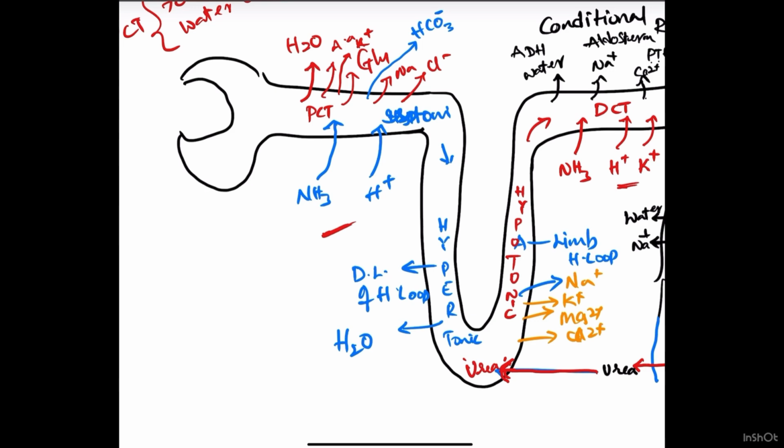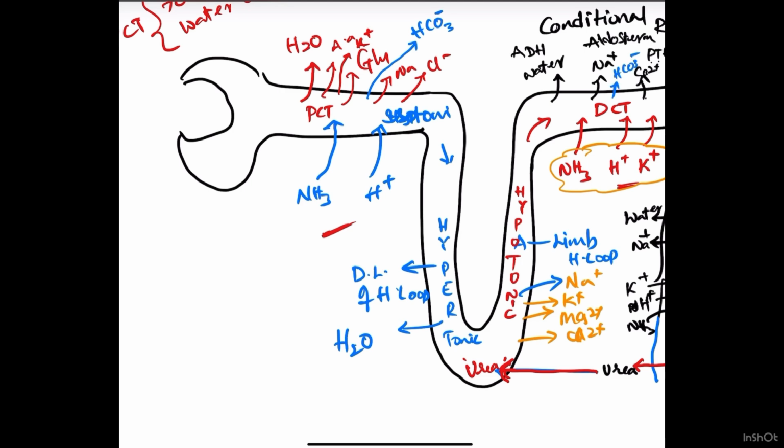Here ammonia, as usual, as in the DCT, then H plus ions and potassium ions are released into the filtrate. One particular thing I forgot to tell: whenever these three are increased, I mean released here, there is a reabsorption of bicarbonate ions.